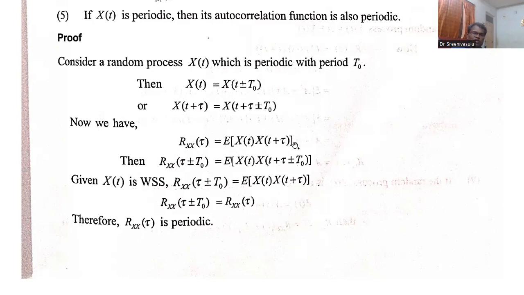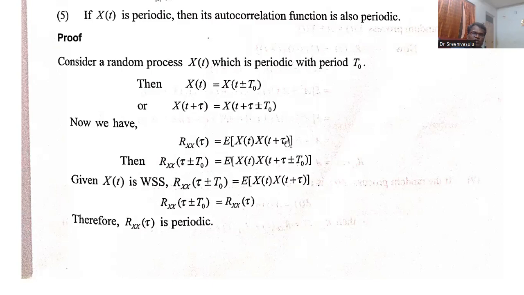Now, if you write the autocorrelation function formula, Rxx of tau is equal to expected value of x of t into x of t plus tau. Now, in Rxx of tau, we apply this periodicity concept: wherever we have tau, it is replaced with tau plus or minus t naught.